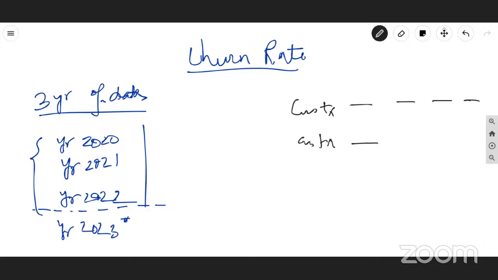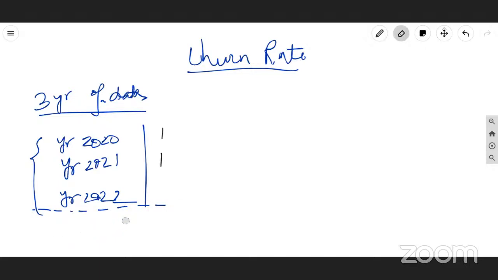What I'm going to say is at least the customer should visit once in a year. Let's take 2022. I'm excluding 2023 because I don't have a sufficient amount of data.